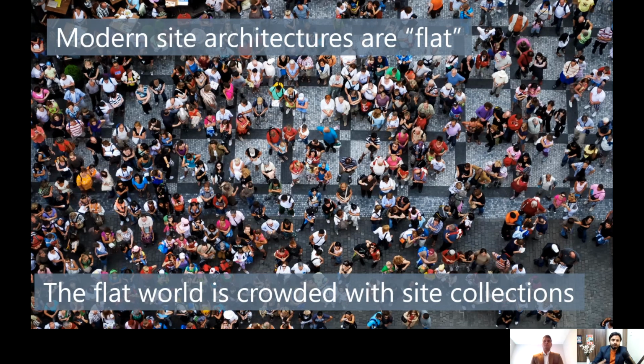The moment you click, you see lots and a bunch of content there, right? And that's what people see. If you interpret this image, right? The world is crowded, right? The modern site structures are flat. Like people hate to really go and find information themselves. They need everything on the first screen, though it's crowded.